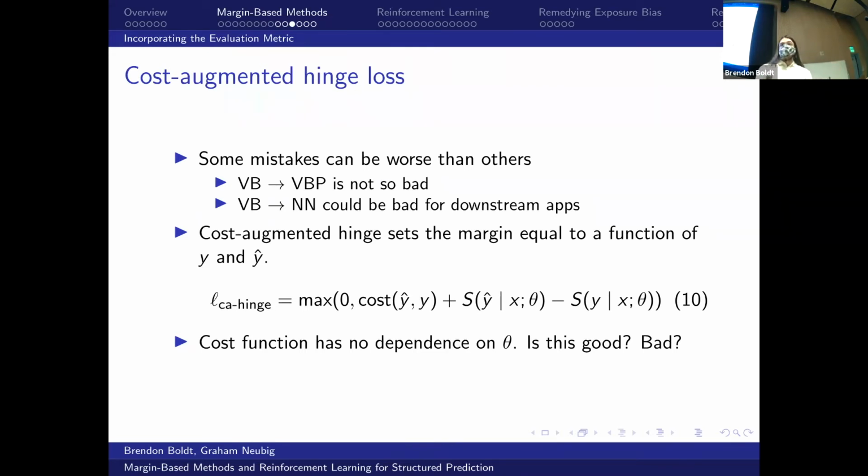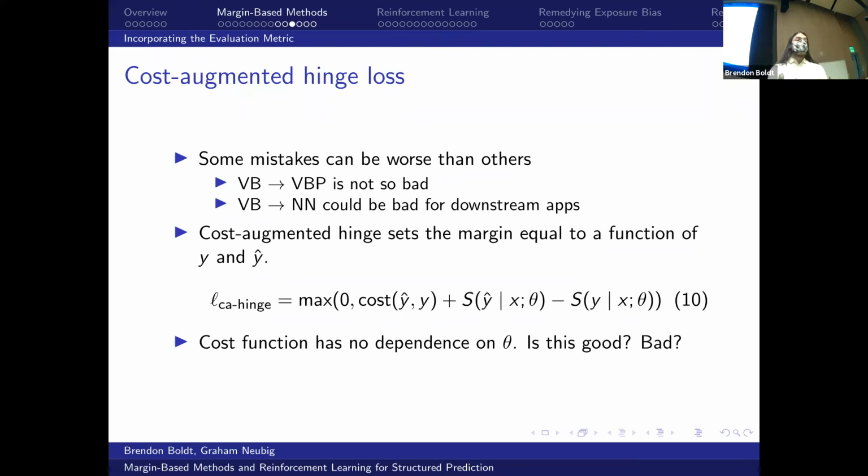If we're doing something like part of speech tagging, and the model incorrectly predicts a verb to be a non-past, non-third person verb, this is not too bad of an error. But if our model is predicting a verb to be a noun, this could be very bad for downstream applications like a parser or a named entity recognizer. And so, as we said at the beginning, we'd like to account for this during our training.